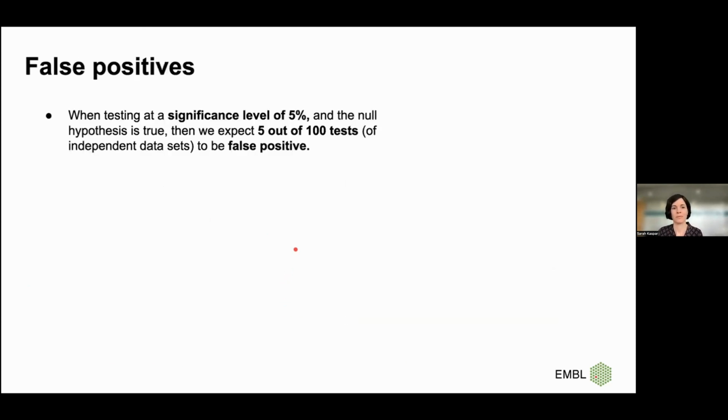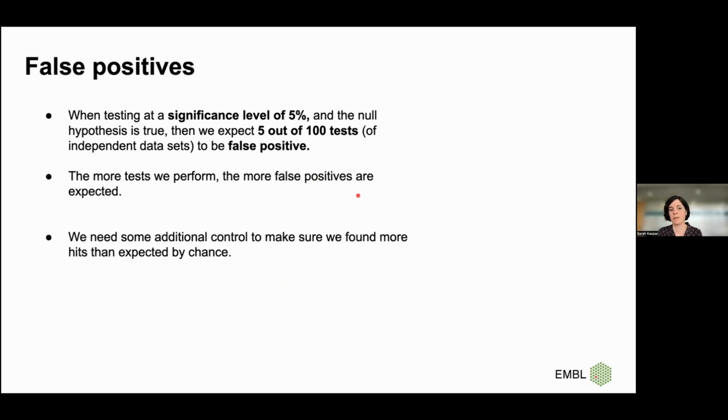So that means when you think about it, when we're testing at a significance level of 5% and the null hypothesis is true, then by definition of the significance level, we expect to see 5 out of 100 tests to be false positive, to still be significant. And the more tests we perform, also the more false positives we should expect. And this means that we need some kind of additional control to make sure that we found more hits than we expected just by chance.